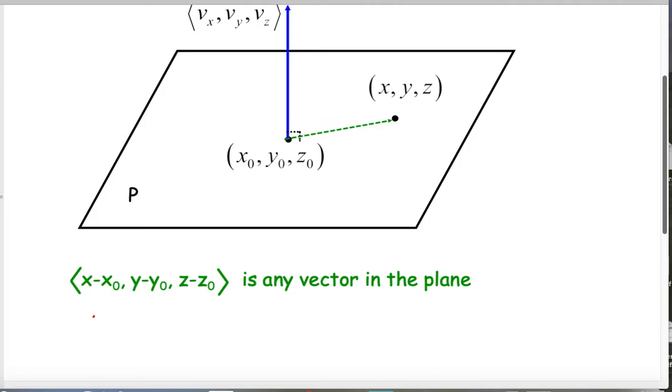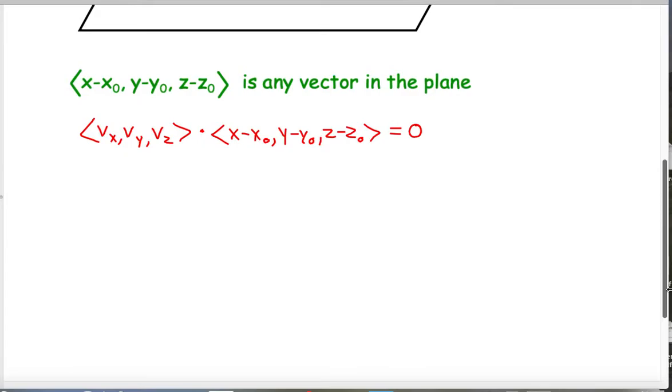If I do the dot product of my normal vector (v_x, v_y, v_z) with this green vector, which is any vector in the plane going through the point (x_0, y_0, z_0), so (x minus x_0, y minus y_0, z minus z_0), that dot product should equal 0 because these are perpendicular. So that's what we need: a vector perpendicular to the plane so we can use this dot product property that if they're perpendicular it equals 0.